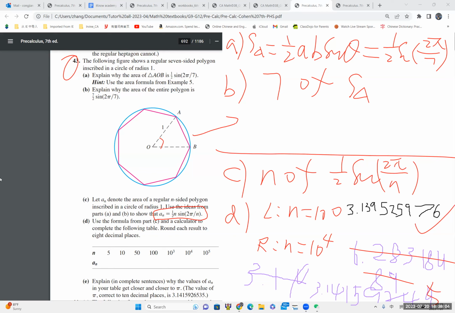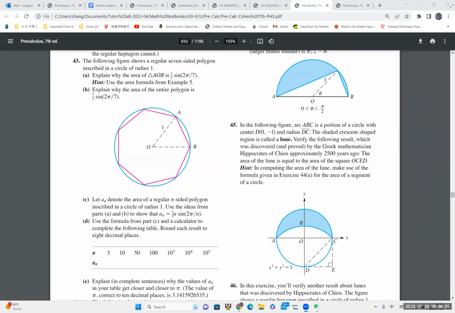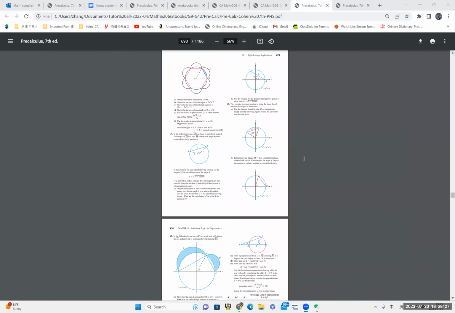That means it's just pi, right? Okay, if you want, you can screenshot. Now let's go to next section.